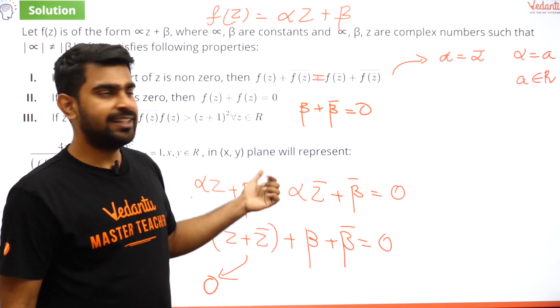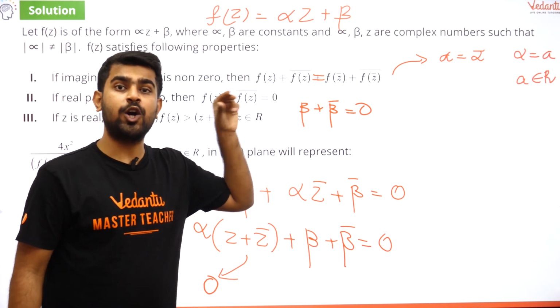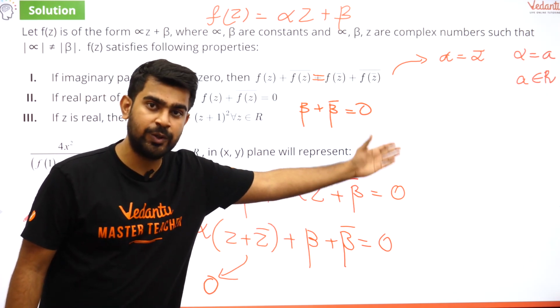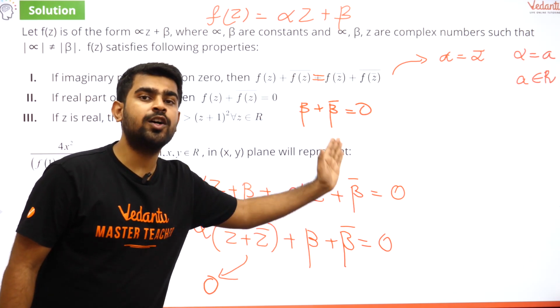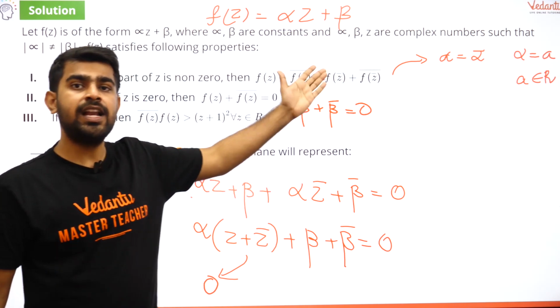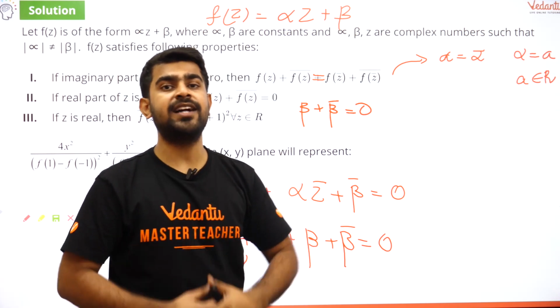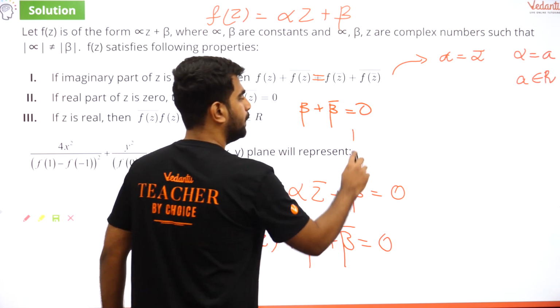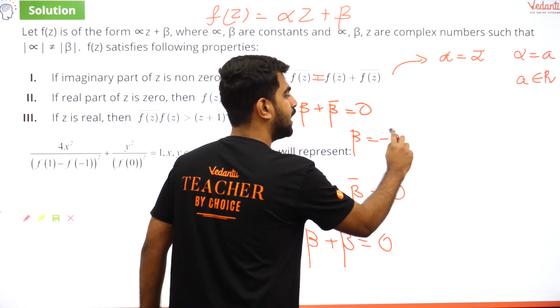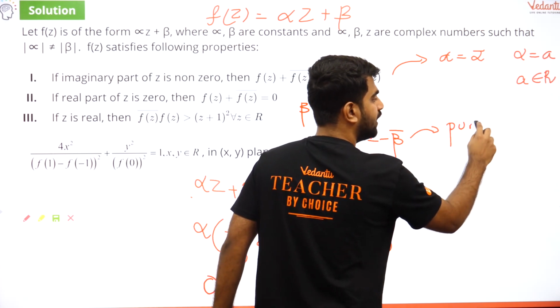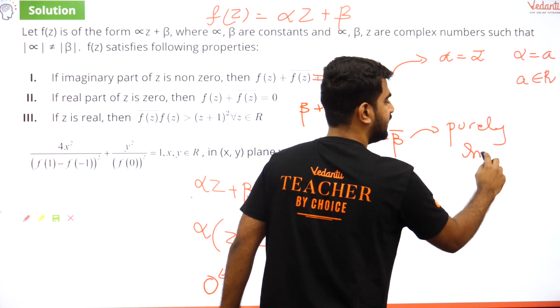Right now we saw whenever beta plus beta bar, a complex number, is equal to 0, then the real part of beta is 0. If the real part of beta is 0, it means that it is a purely imaginary number. So beta is equal to minus beta bar, a purely imaginary number.